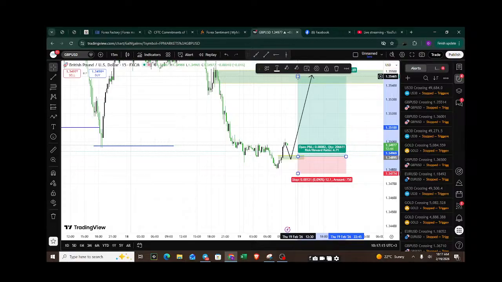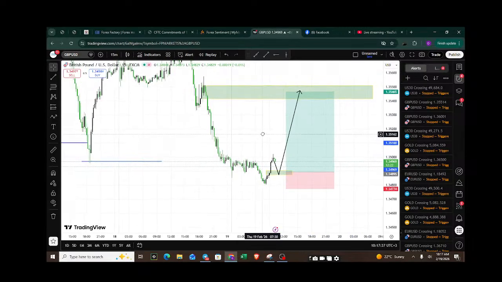The first entry I have gotten in at the current market level. The second entry I am anticipating that at least price is going to come and fill this small fair value gap here, so that we can come up to this level, which is a sweet spot level.